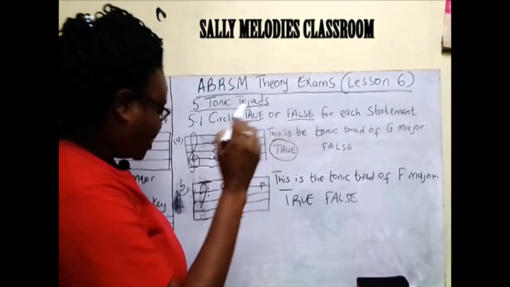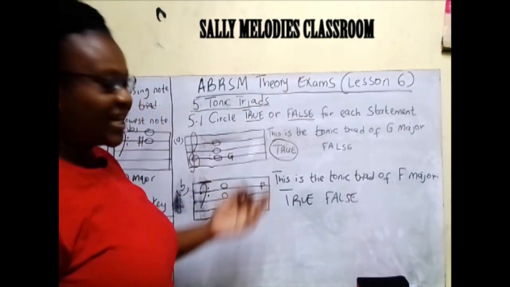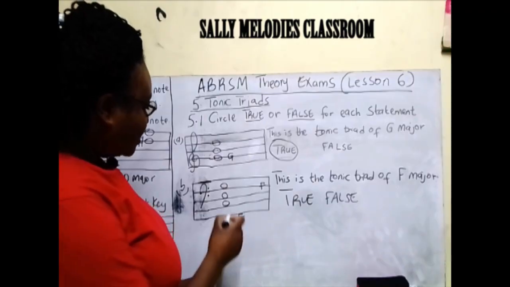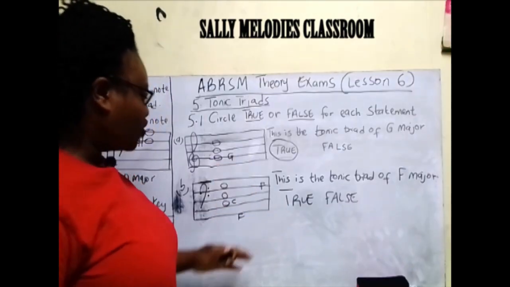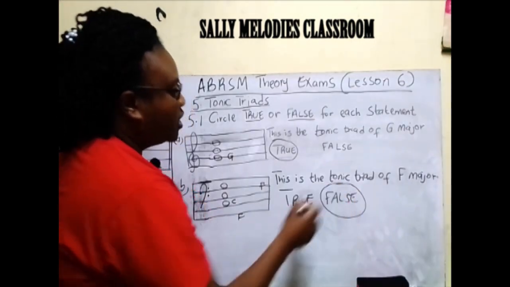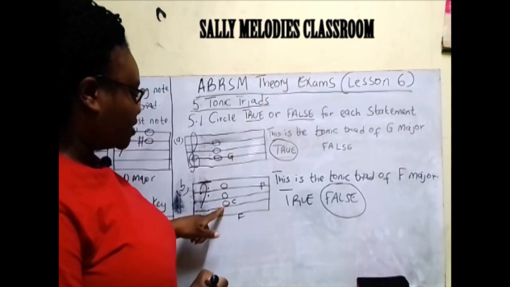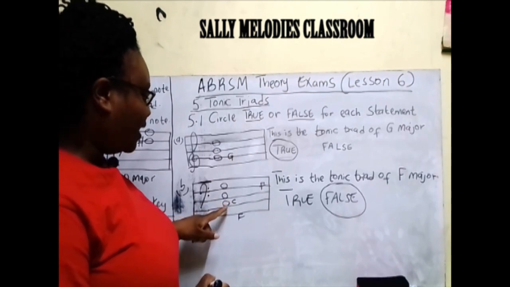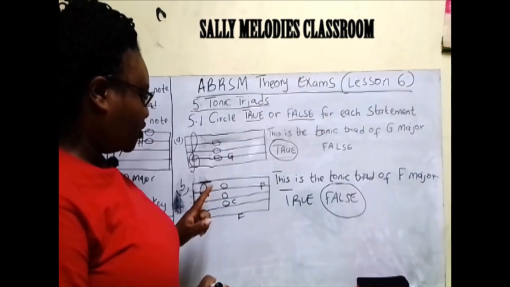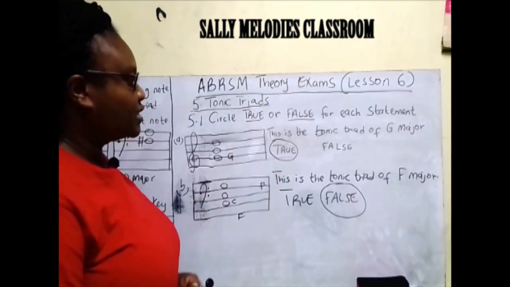So obviously, even without struggling, this is a C. It is not an F. So your answer is false. You don't have to waste time. Just look at the lower note, the root, which is the root in that triad, and then you answer your questions.